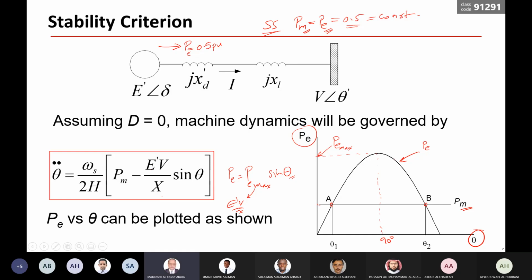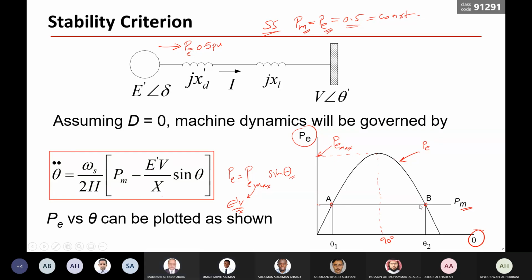So what do you think? Which one is the proper one? A or B?